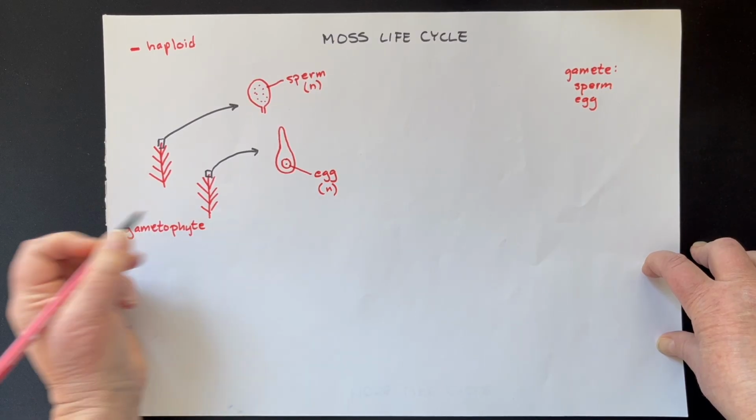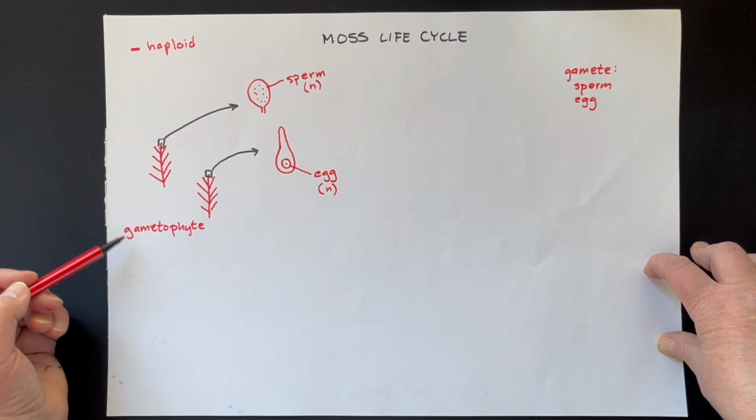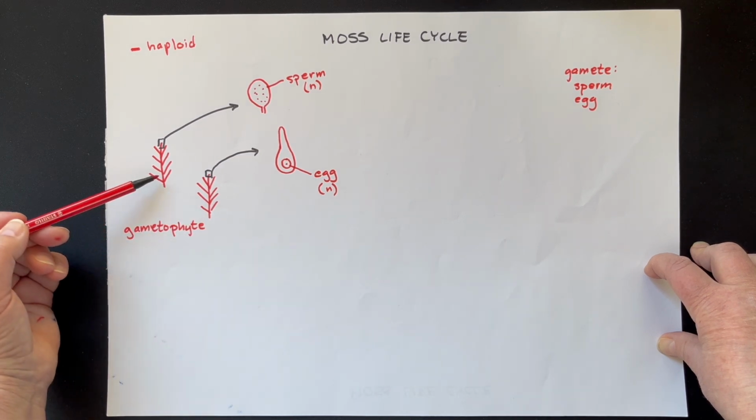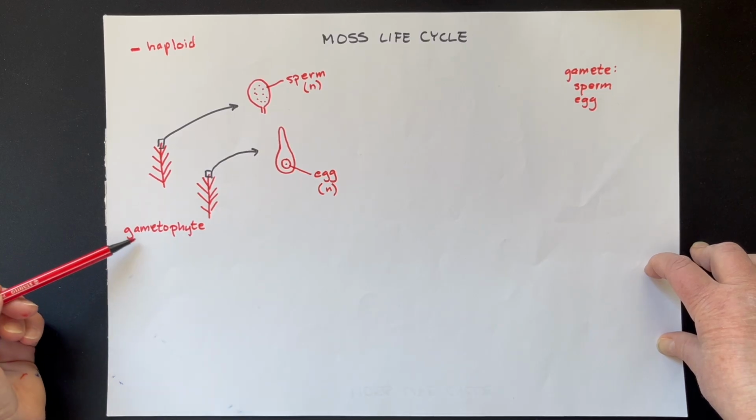One gametophyte. Phyte stems from a Greek word meaning plant. A gamete is obviously the sex cells. So the green things we see out in nature are the plants carrying the gametes, the sex cells, the sperms and eggs.